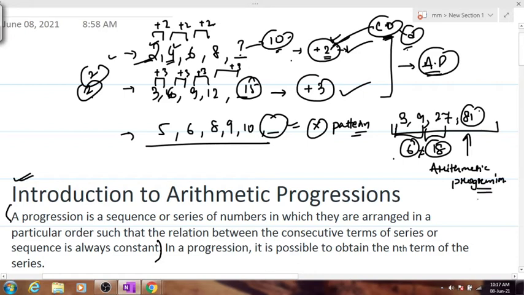Clear? However, this has a pattern which is 3 to the power 1, 3 to the power 2, 3 to the power 3, 3 to the power 4 and so on. Did everybody understand what is the difference between arithmetic progression and a normal pattern, and what is not arithmetic progression? Yes or no? Confirm everyone fast.